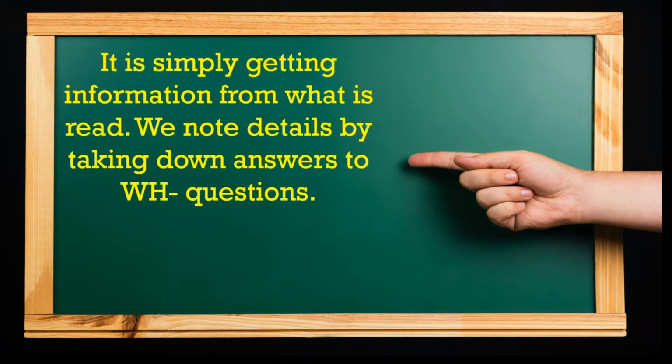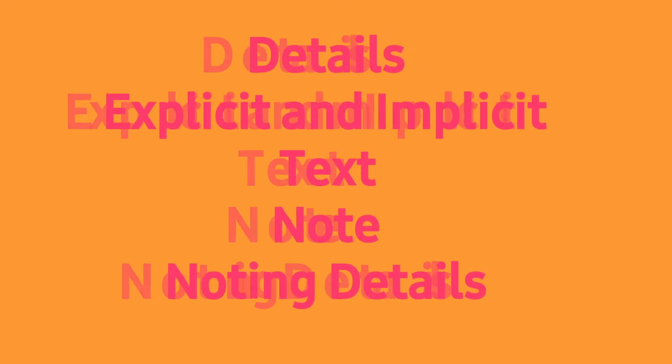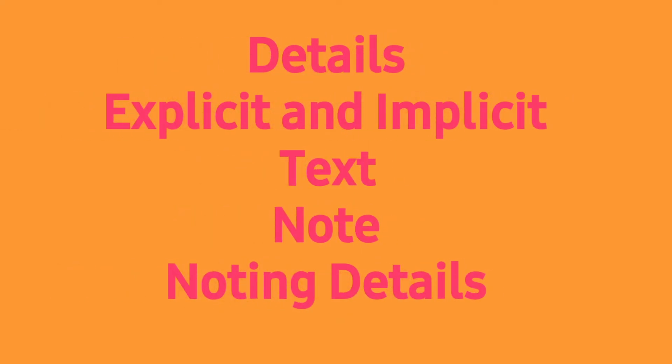We note details by taking down answers to WH questions, such as what, when, why, where, and others. So those are the words and their meanings that are important in our lesson today.